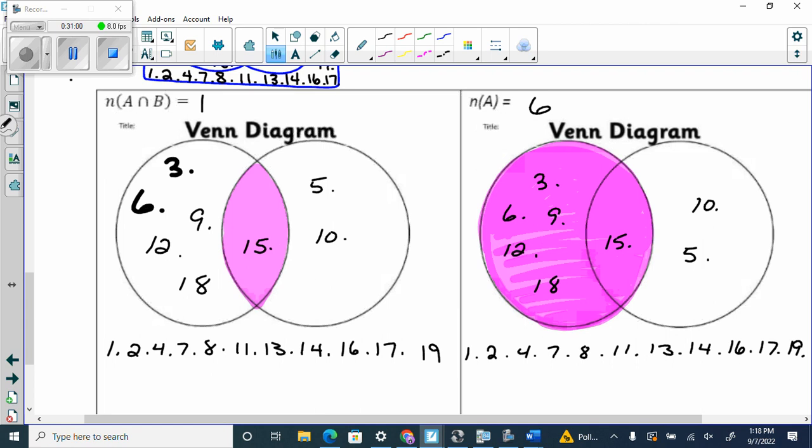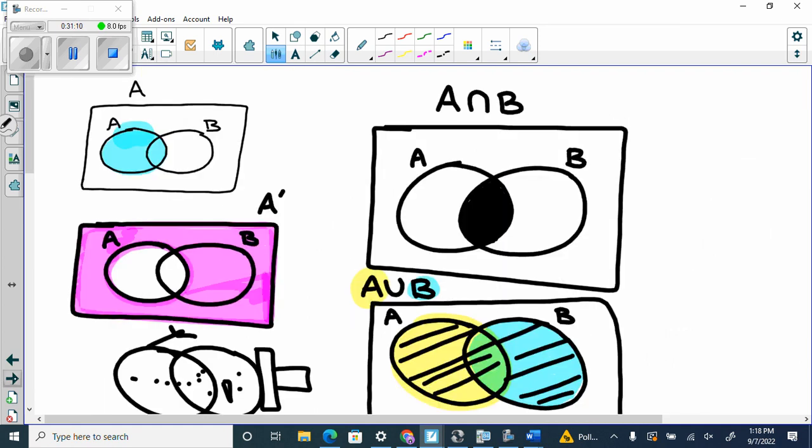Then we're going to flip over. We still have the same numbers, so I'm going to put them in.